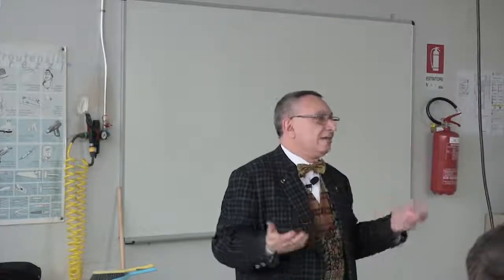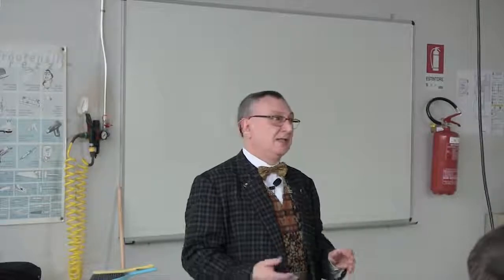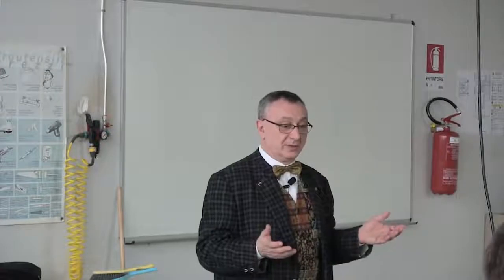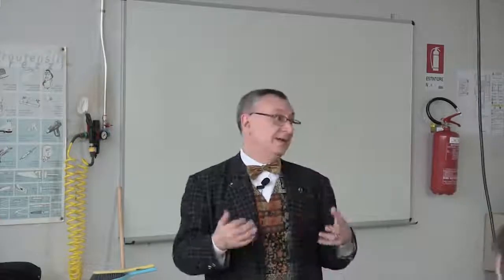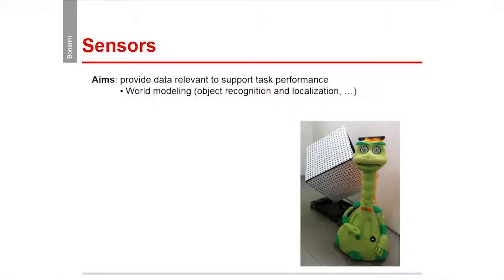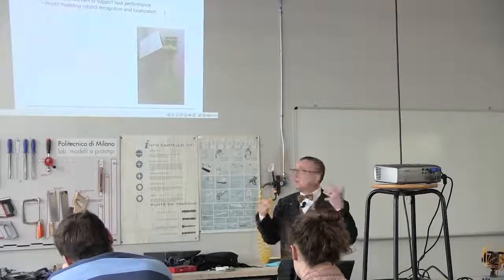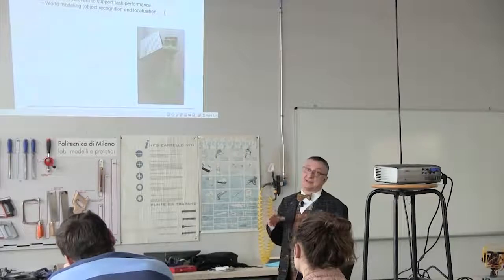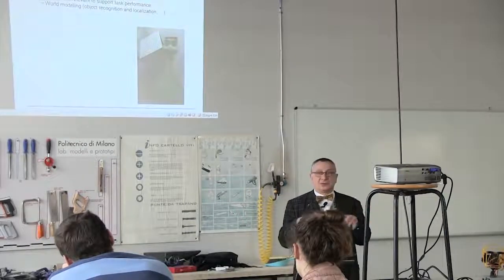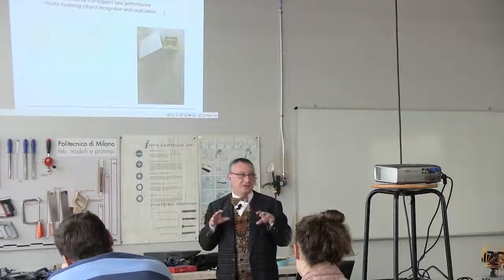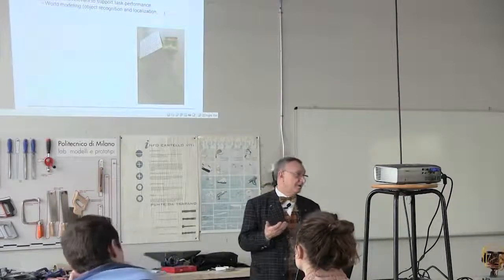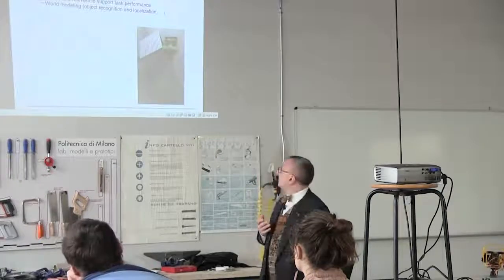So if we define a task, then we understand what we need to know from the external world, and we have to have the sensors able to provide this data. And this means world modeling, so detect things, recognize things, conceptualize things. So try to elaborate this data in order to have a conceptual vision of the world, a conceptual idea of the world.